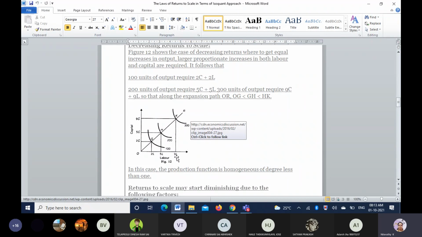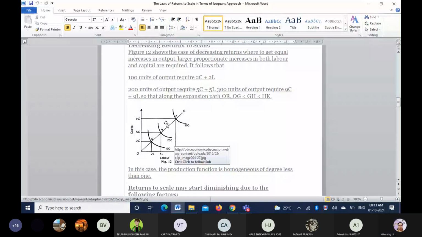The difference between 9 and 5 is 4. Okay, so 4 units of capital and 4 units of labor are used in the production process. If 2 were used, they could produce only 250. That is also possible. So we call it diminishing.